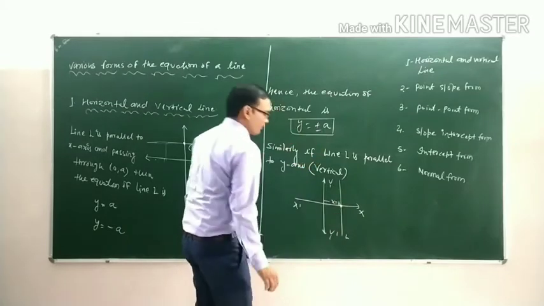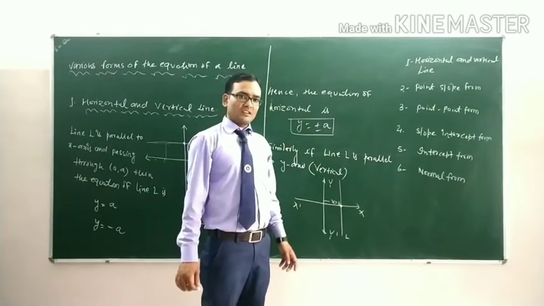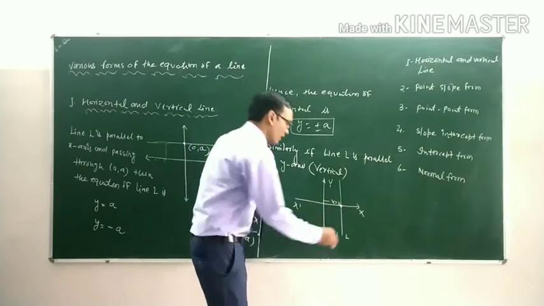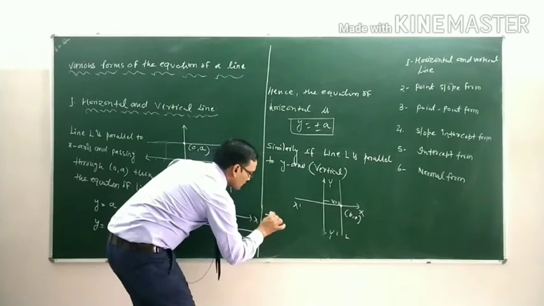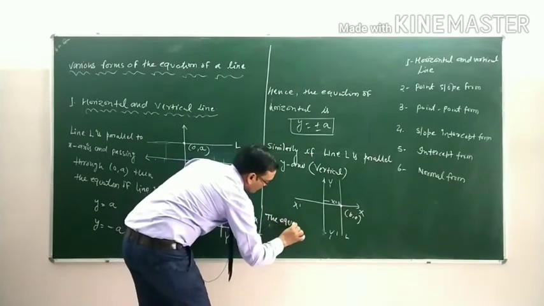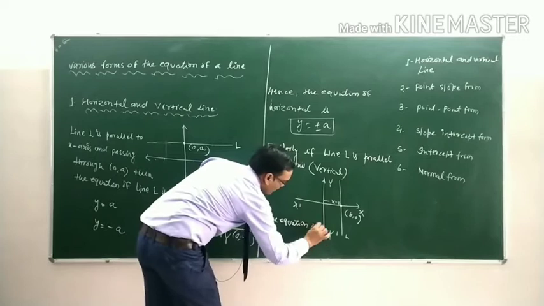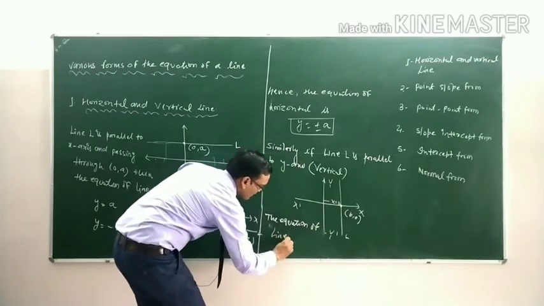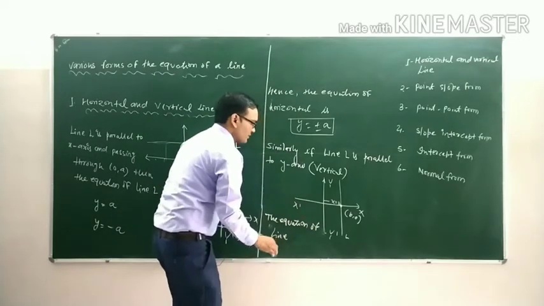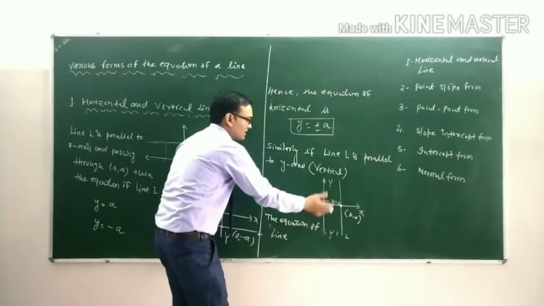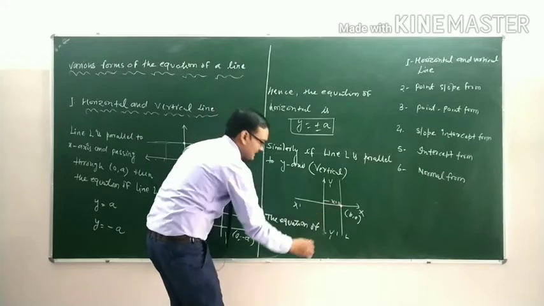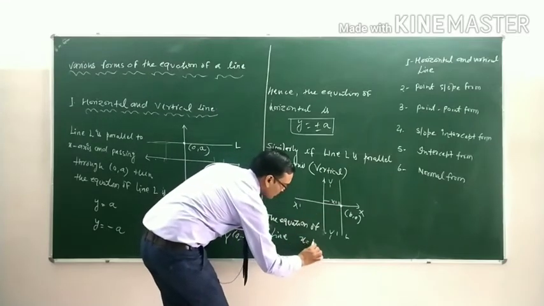Suppose that the line intersects the x-axis at the point (b, 0). The equation of the line in this condition, which is a vertical line, parallel to the y-axis, is x equal to b.